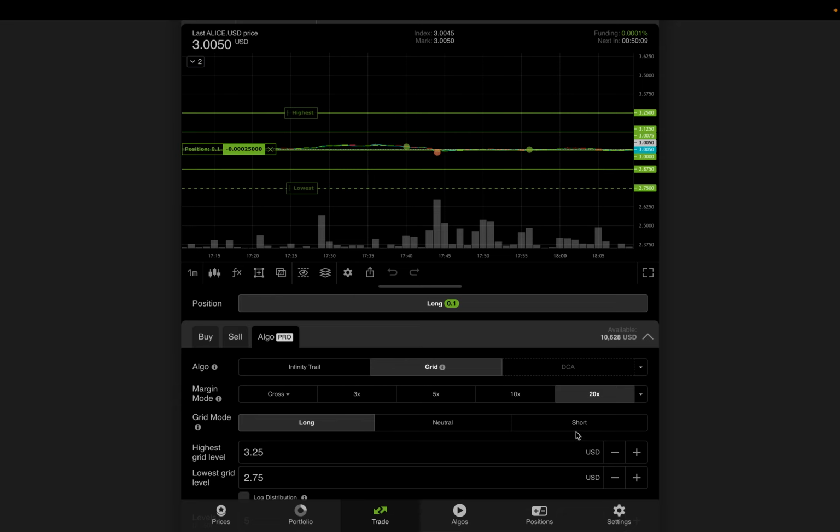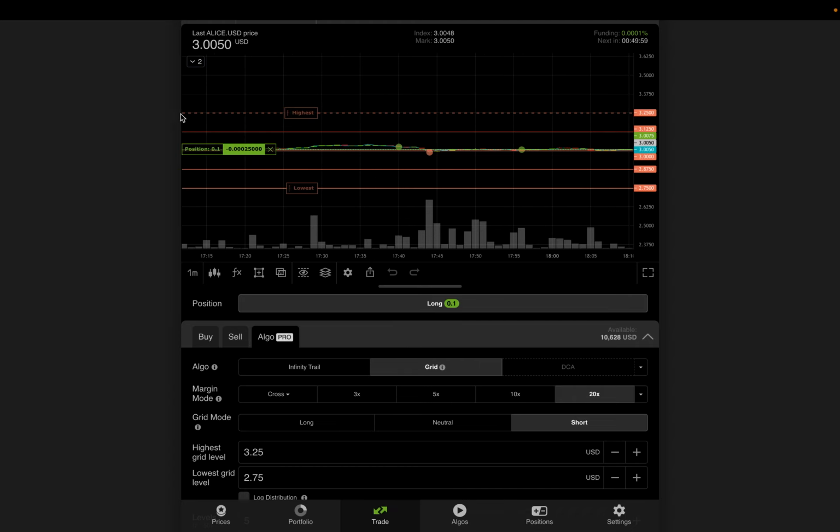And by the same token, short mode is pretty much the same idea, just from the other side. What it does is it initially places sell orders on all grid levels. And of course, the sell orders below market price will immediately fill, basically giving you a short starting position.